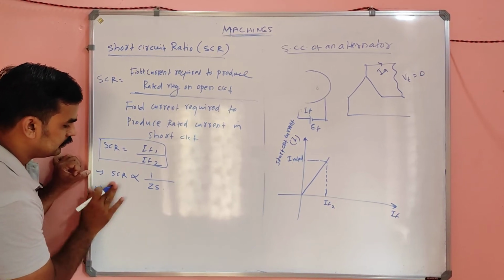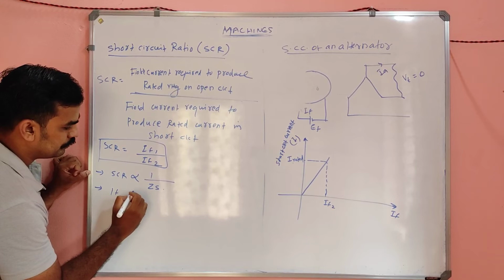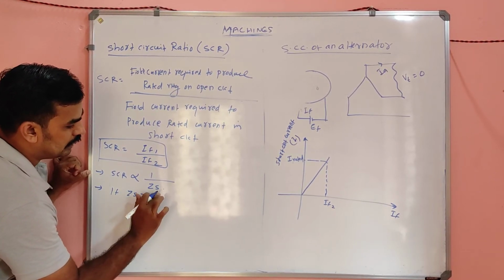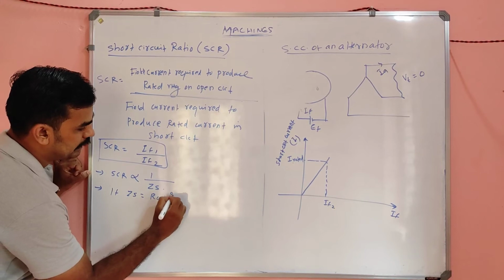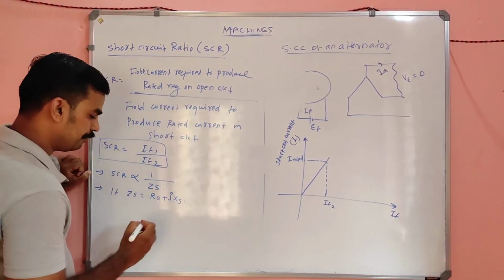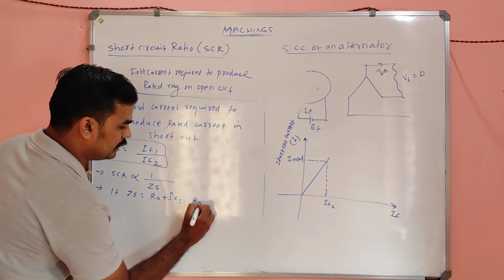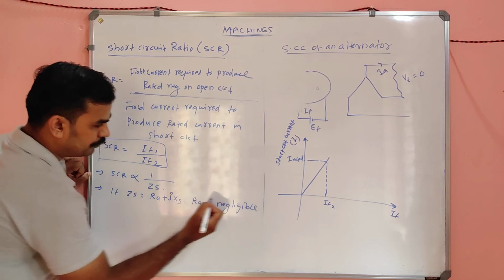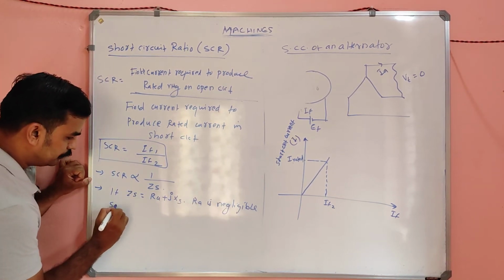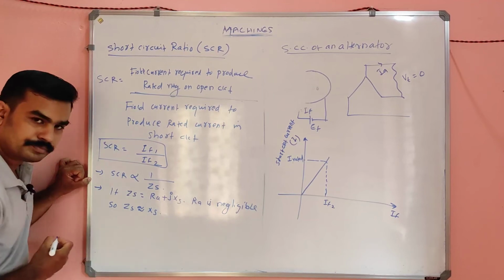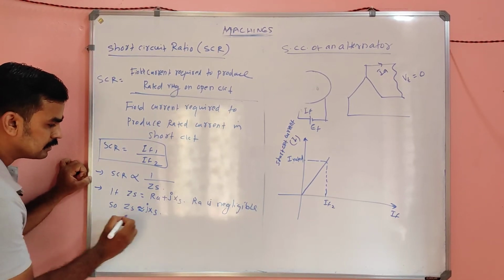If ZS equals RA plus j XS, and RA is negligible, then ZS will be nearly equal to j XS.